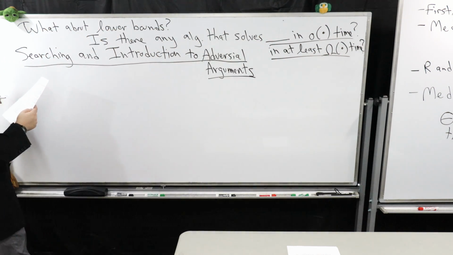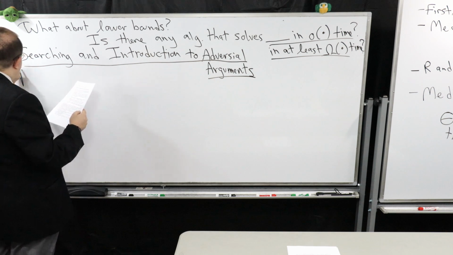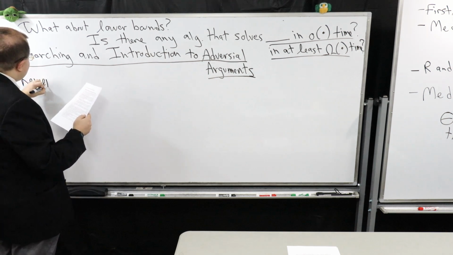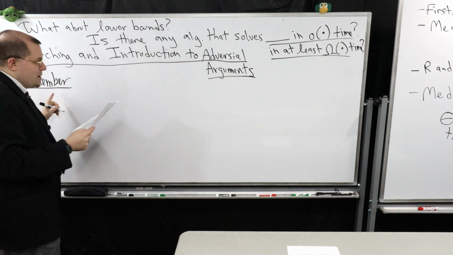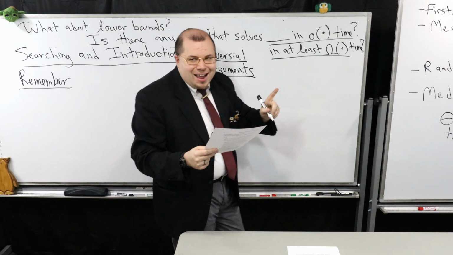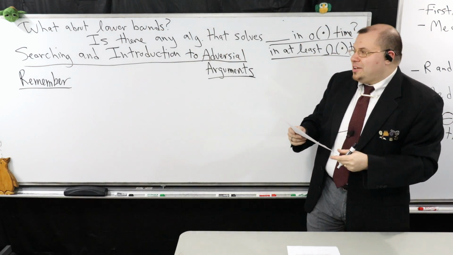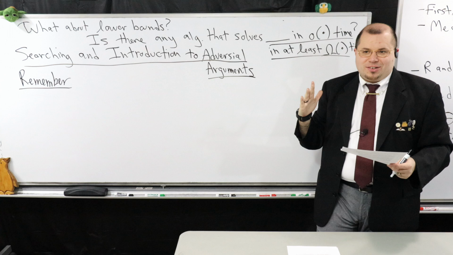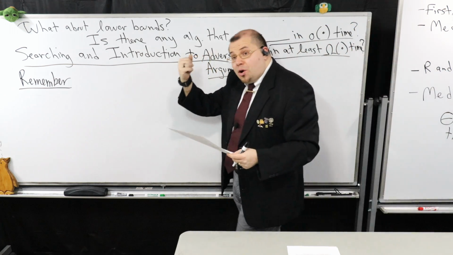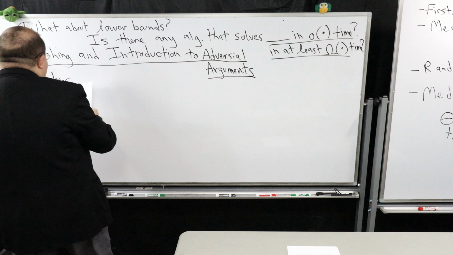One thing I want to be really clear about, and I want you to remember this, is a very important fact in these types of arguments. Remember, we're trying to establish a lower bound on how efficiently we can solve a problem. We cannot assume any one algorithm.